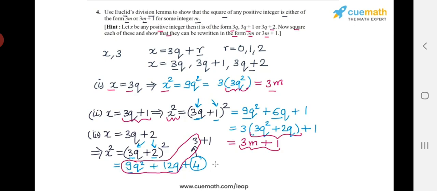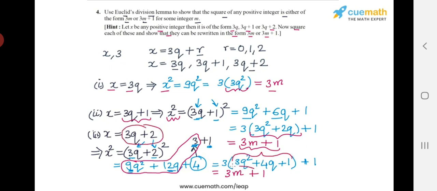So I can write this as 3 times 3q square from the first term, and then from the second term we will be left with 4q, and then from this 3 we will be left with 1, and then we will have this final 1, right? So now if I look at this closely, this is also of the form 3m plus 1, where m is some integer that we can use to represent this part. So if x is of the form 3q plus 2, then x square is again of the form 3m plus 1.